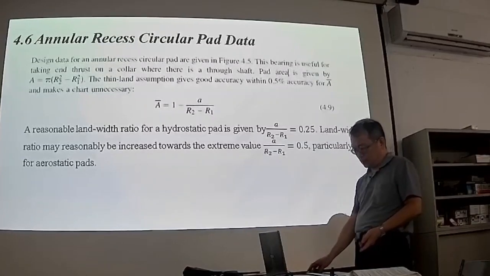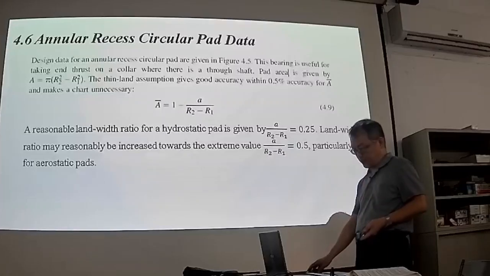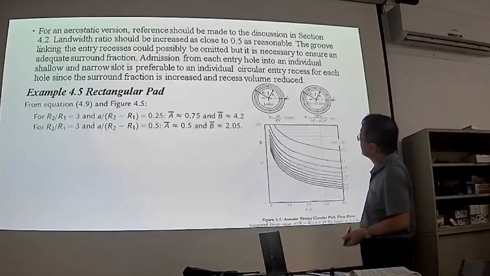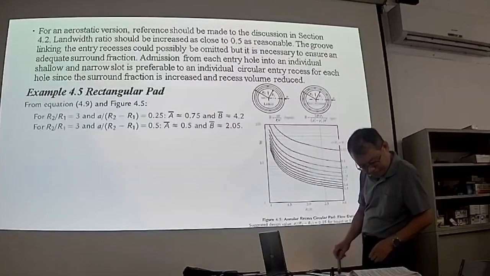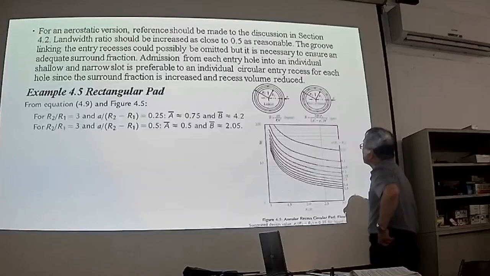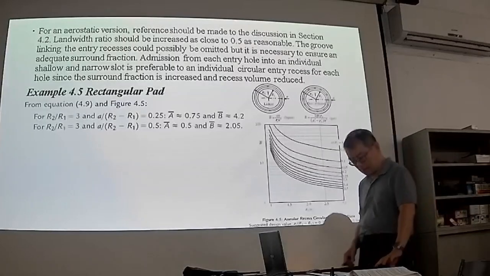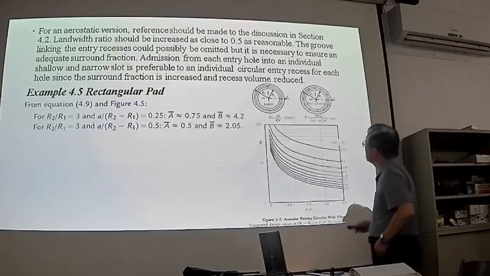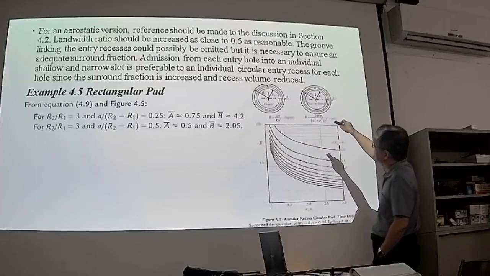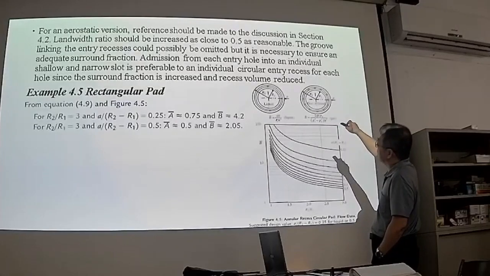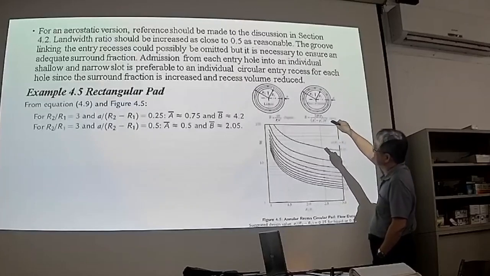There is another thrust bearing shape. It's called the annular circular bearing. So the recess is here. Okay. So this is an annular bearing. The recess is in the center.